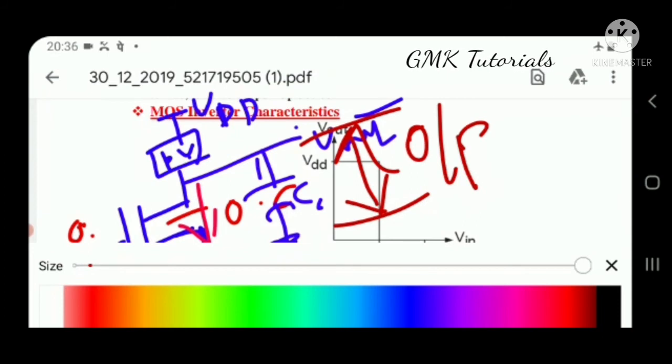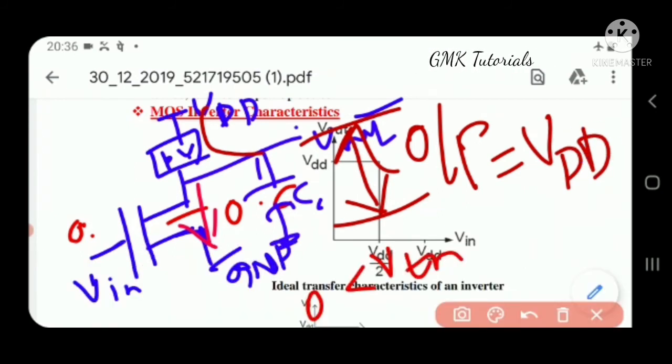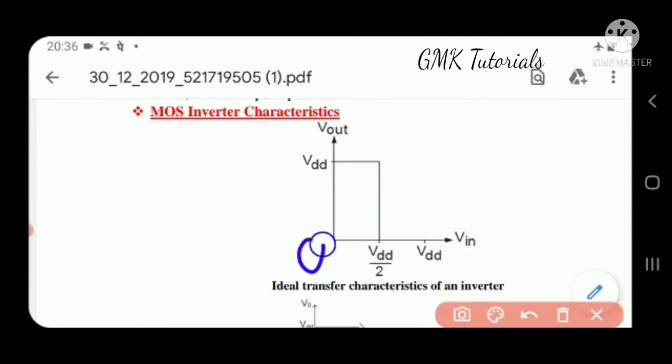What is the maximum value? The capacitor charges to the maximum voltage VDD. Therefore, when the input value is 0, the output produces the high value, equal to VDD. So for 0 input it produces the maximum output. Up to what extent does it produce the maximum output?